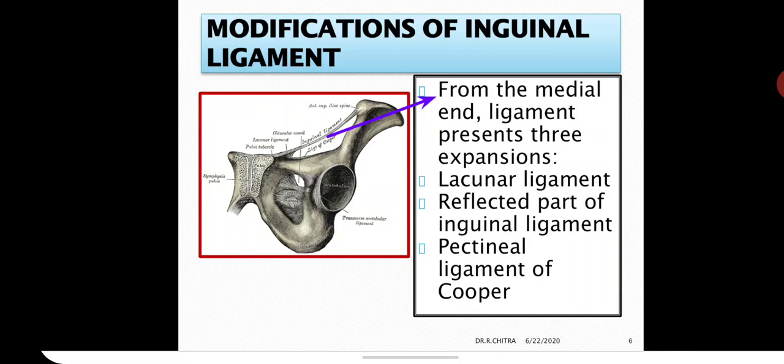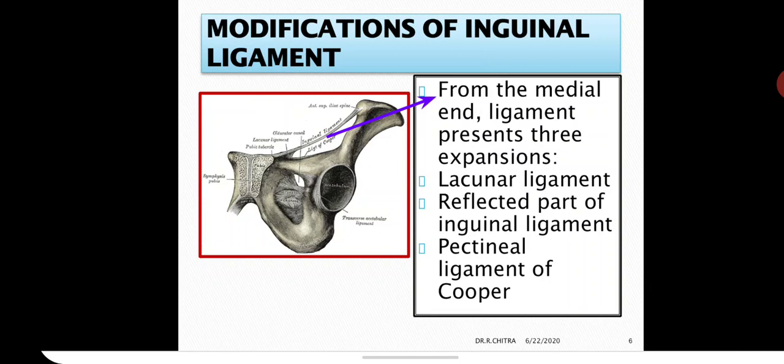First we will see the lacunar ligament, or the other name is Gimbernat's ligament. You try to see that medialmost end of the inguinal ligament, which has another small modification, that is the lacunar ligament.